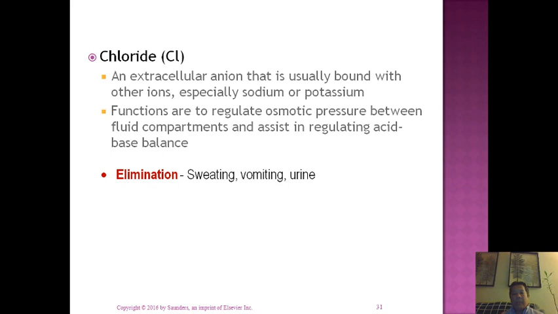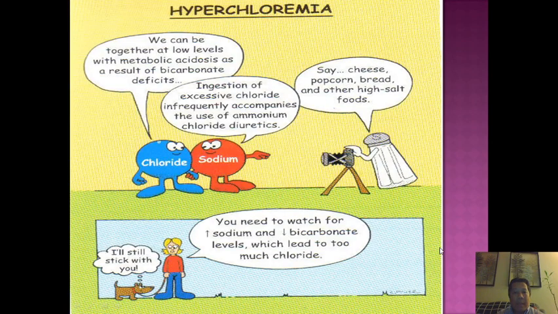The function of this chloride is basically to regulate osmotic pressure between fluid compartments, and they help in regulating acid-base balance as well. The only way to eliminate chloride from the system is through sweating, through the skin pores, vomiting, and through the kidneys as well during urination.